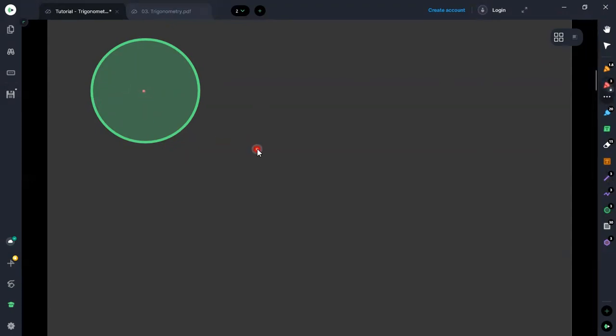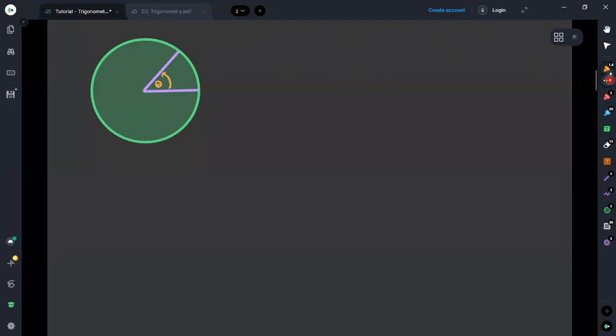Generally we take zero on this line. This is the angle 0 we are considering, and if we measure an angle in the positive direction, this angle is supposed to be theta.